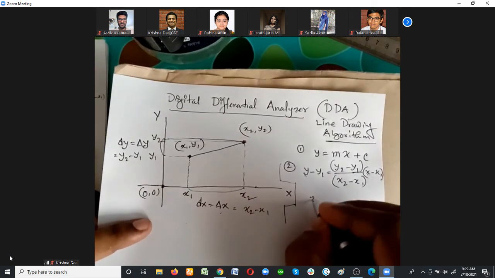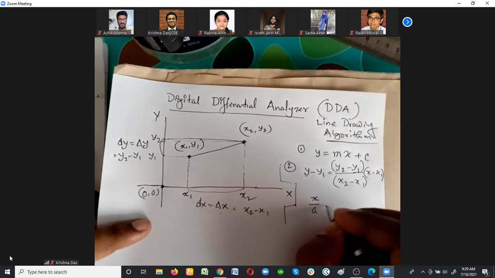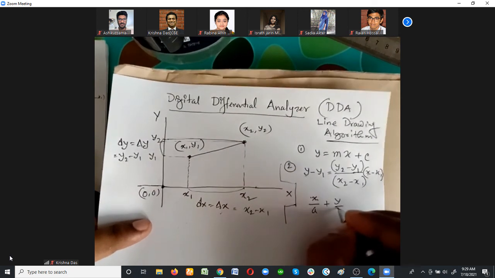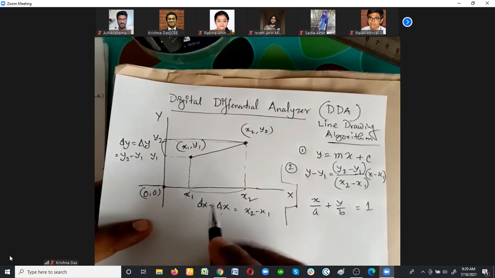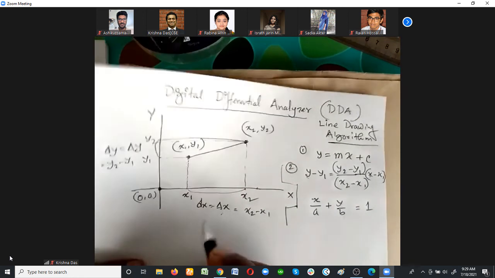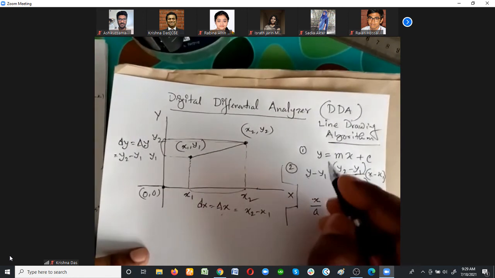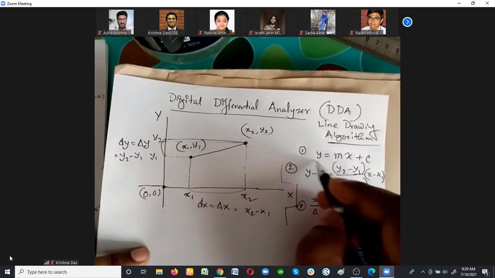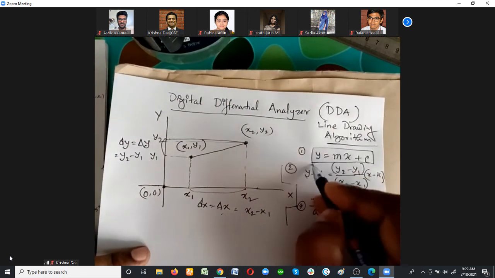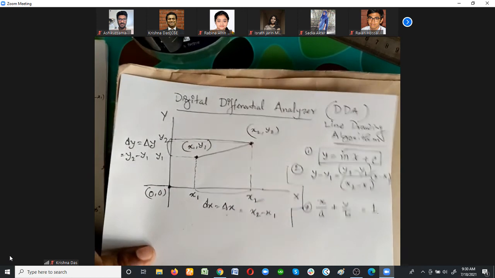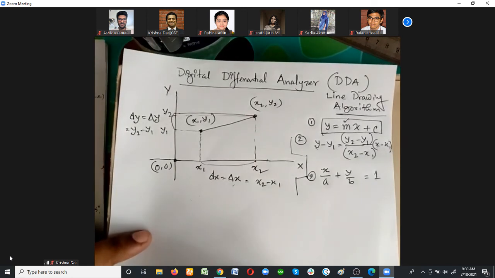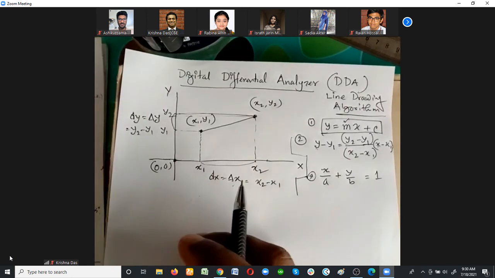Another one we have is x by a plus y by b is equal to 1, right? Now the main one we are going to use is y equal to mx plus c. What is m here? The slope, right? And how do we identify the slope?